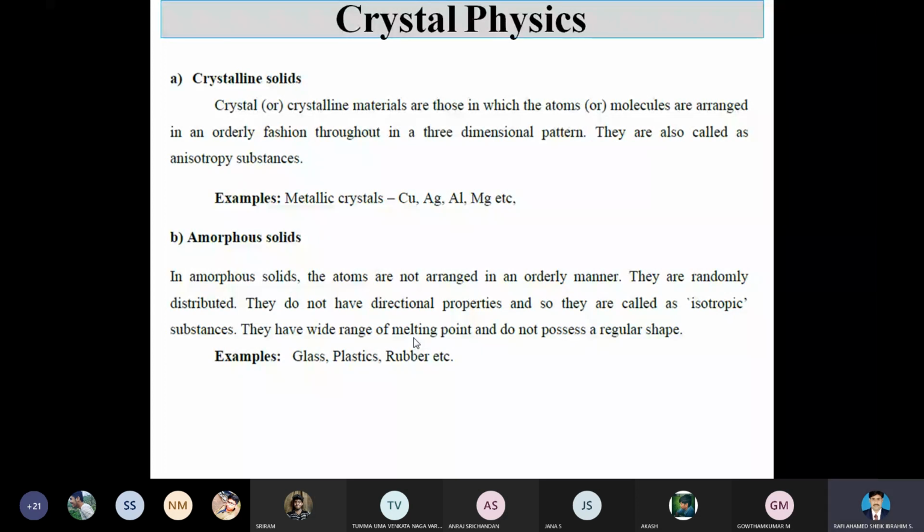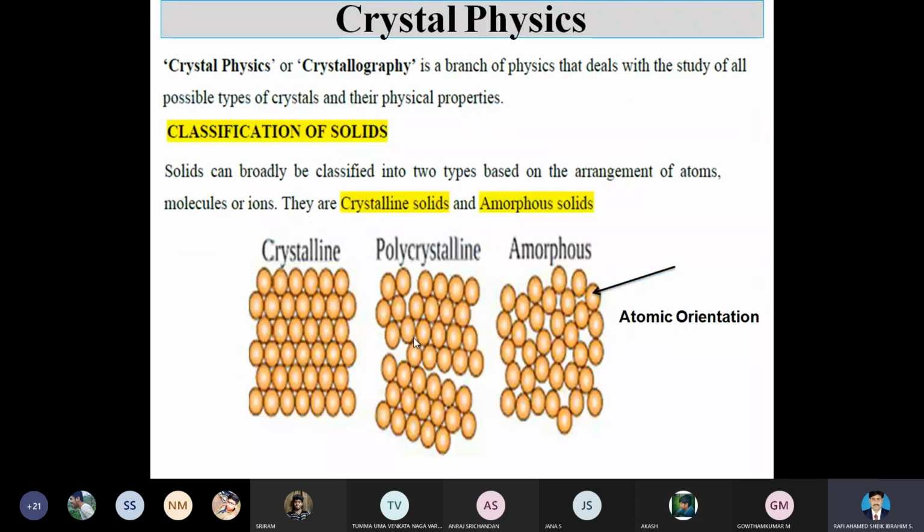So in these dimensions, when the atoms are oriented in the regularized manner, then such a structure, or such a solid, or such a crystal is called a crystalline crystal, pure crystal. Amorphous means just the opposite of crystallinity. The atoms are not oriented in the regularized manner, as we have seen in the previous structure.